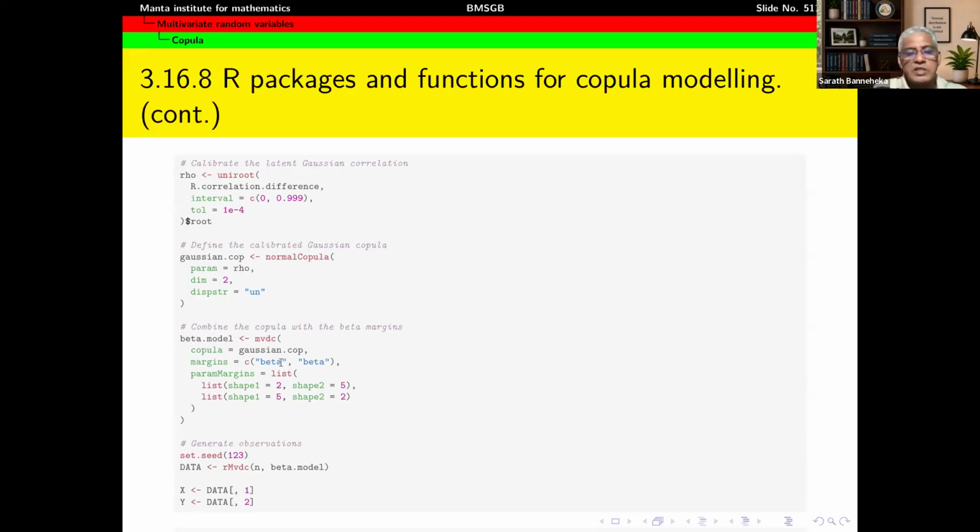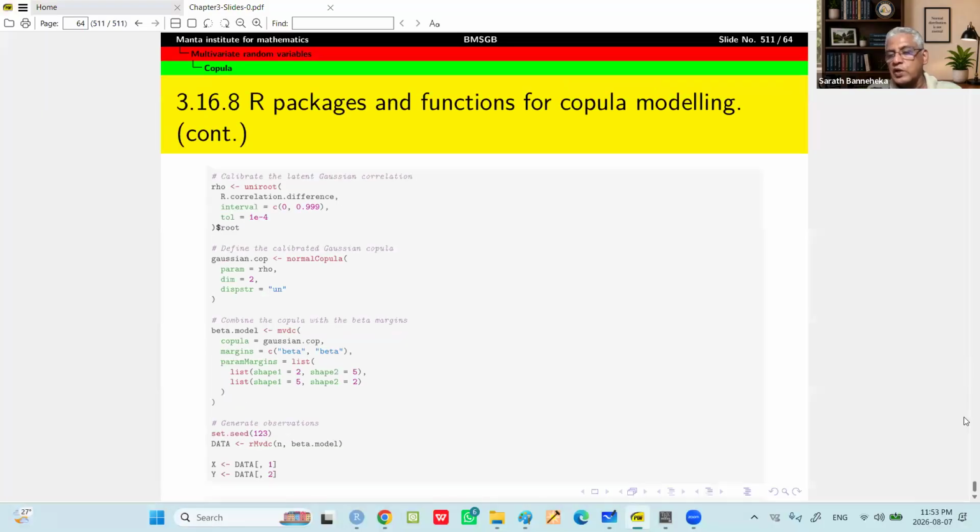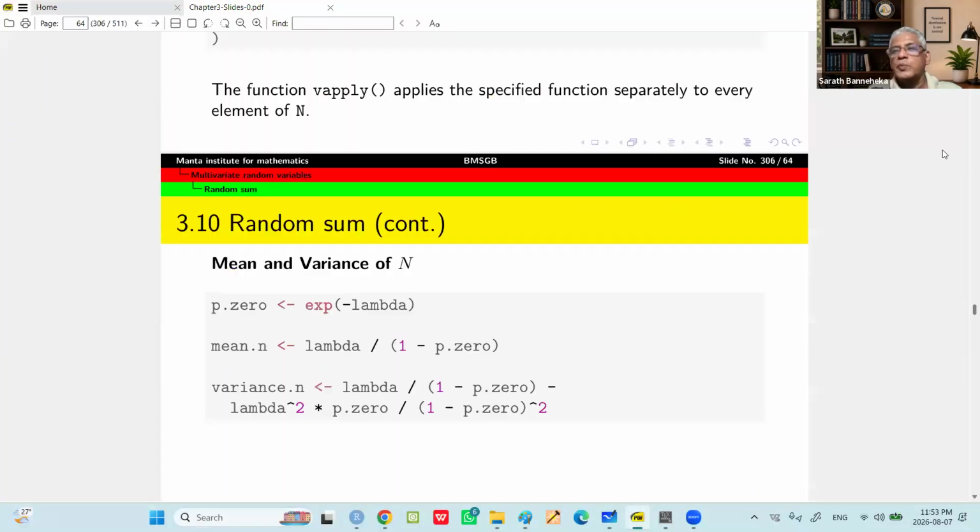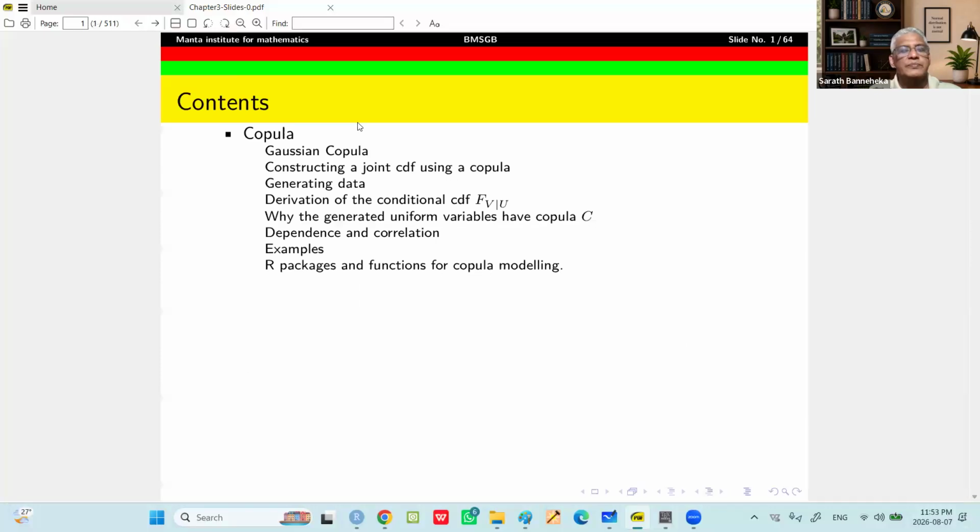So that is the end of this video, and that is actually the end of all the parts of chapter 3 also. In this chapter, we looked at lots of topics.